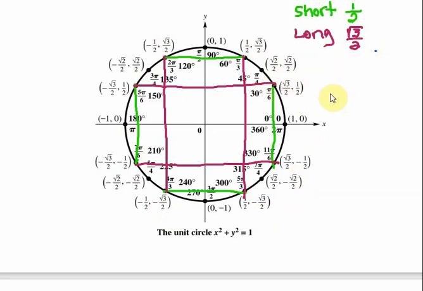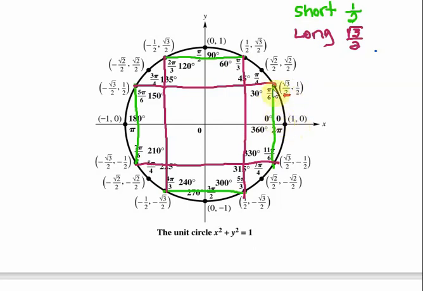Now, remember, the way that you find a point on the Cartesian coordinate system is we do our x and our y. So of course x is going to go first and then y is second. So all we have to do is when we get to that point, we see this is our x value. Our x value is long, right? So our x is the square root of 3 over 2.